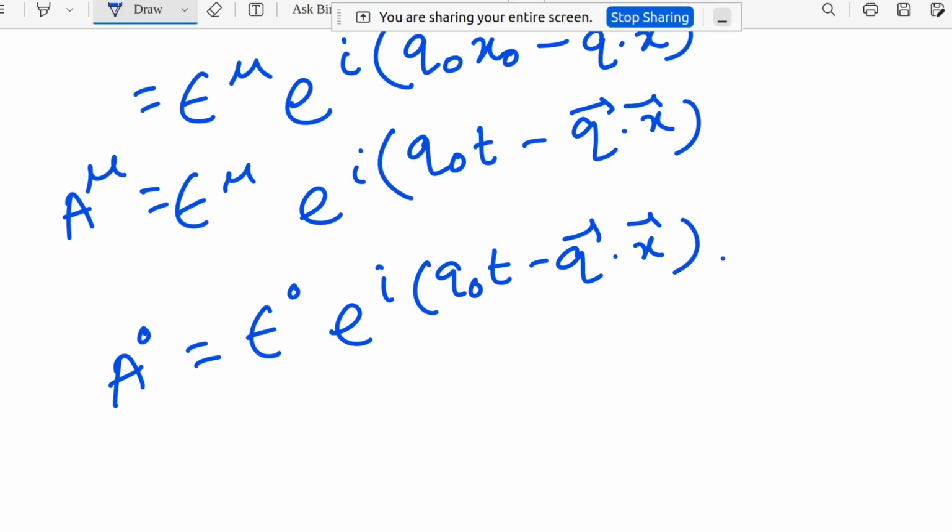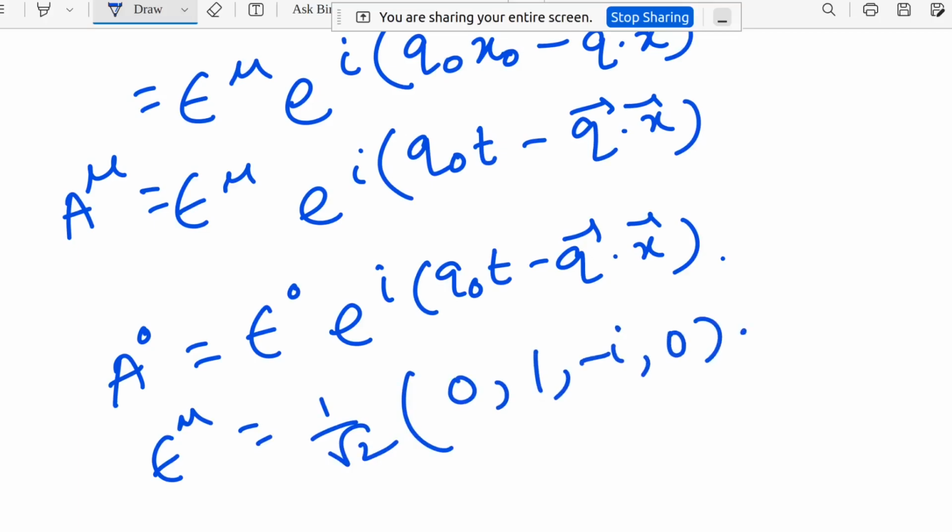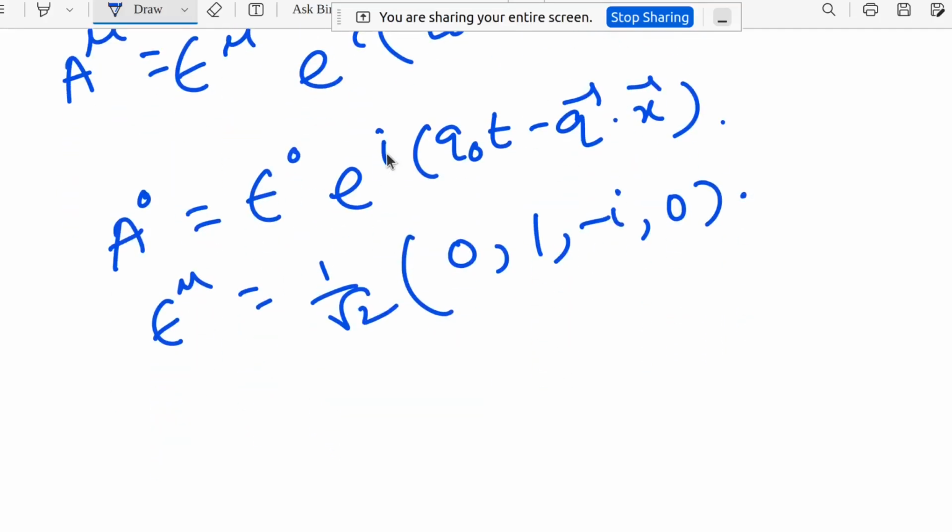As epsilon mu has the form 1 by root 2 (0, 1, minus i, 0), we can definitely say that epsilon 0 is 0 and epsilon 3 is 0, because the first and the fourth components are 0.